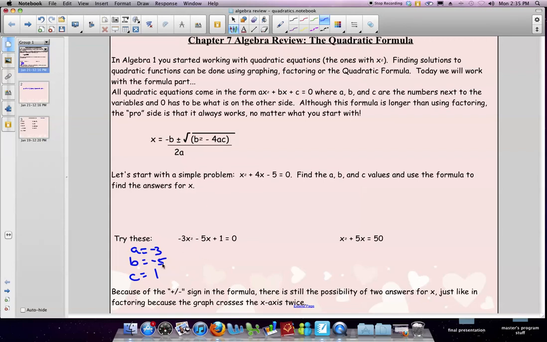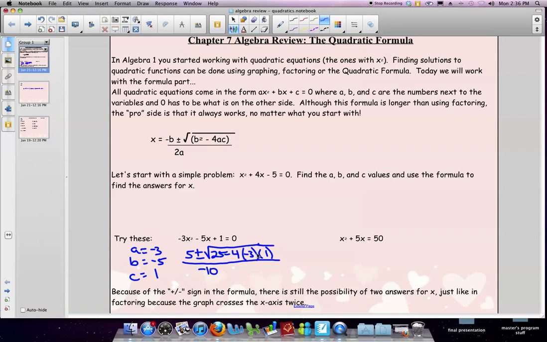The opposite of my B value would be positive 5, plus or minus the square root of negative 5 squared. Anytime you square a negative number, it turns positive. So that would be 25 minus 4, because that's always there, times negative 3 times 1. And then I'm going to divide that entire thing by 2 times my A value. 2 times negative 3 is negative 6.